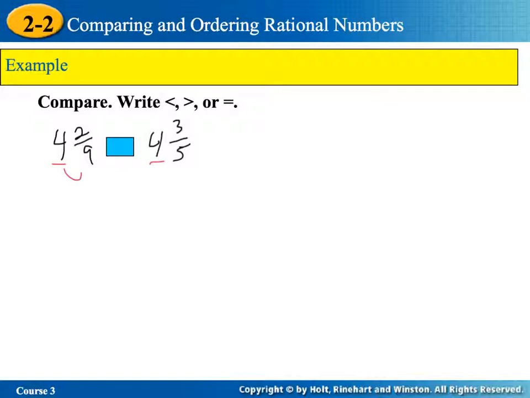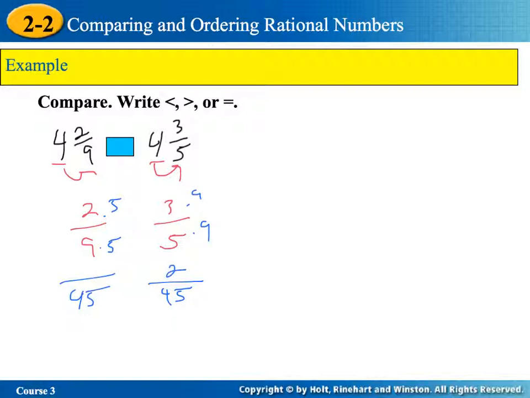Now I move to the fractions. Okay, so 2/9 and 3/5. I'm gonna get a common denominator of 45. All right, because I multiplied by 5 here, multiplied by 9 here. I get 27 on the right, 10 on the left.